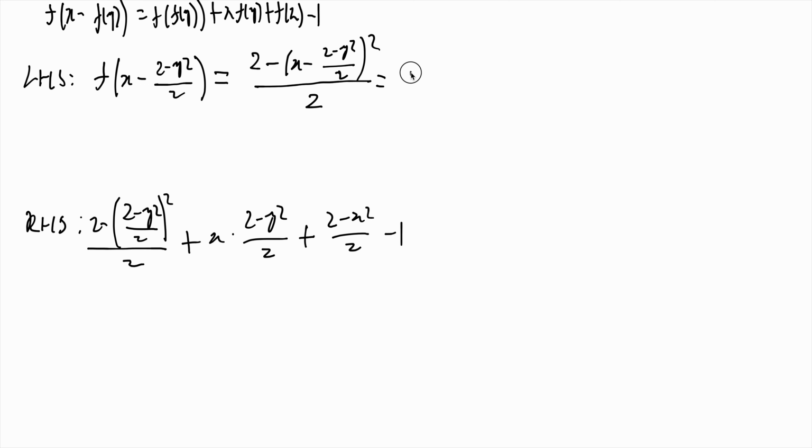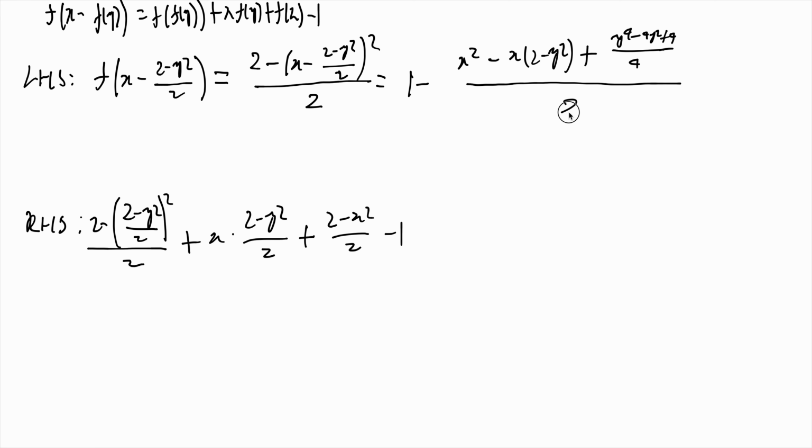Okay, so we have 1 minus x squared minus 2 minus y squared plus y to the 4 minus 4y squared plus 4, all over 2. Now this one is equal to... is this minus?